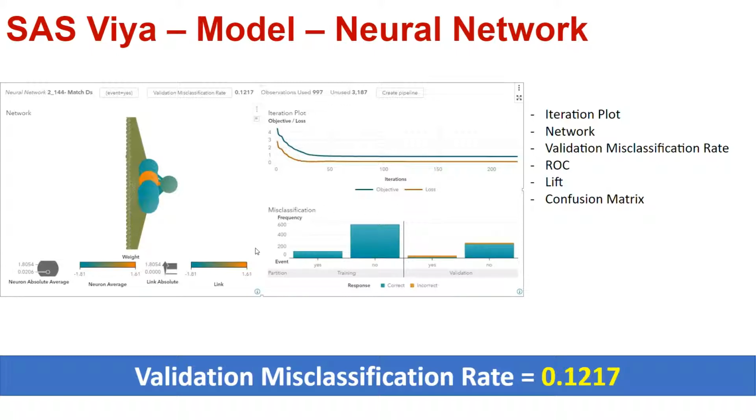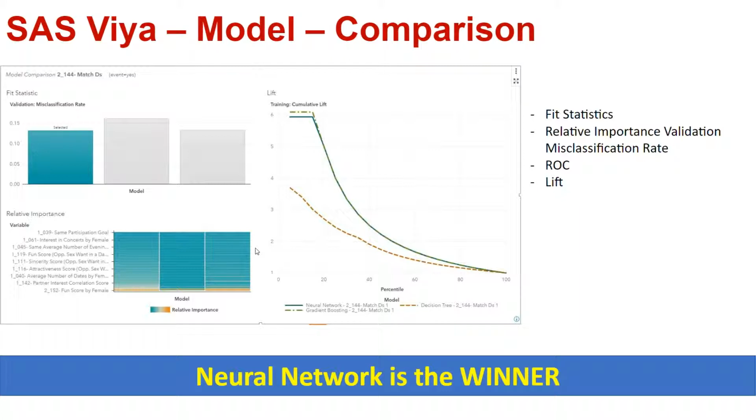Now if we take a look at what's called a comparison in SAS Viya, it gives us the full fit statistics, the relative importance, and the lift fit. You can see here at the top we have our model, which is the gradient boosting, then after that comes the neural network, and at the bottom we have our decision tree.